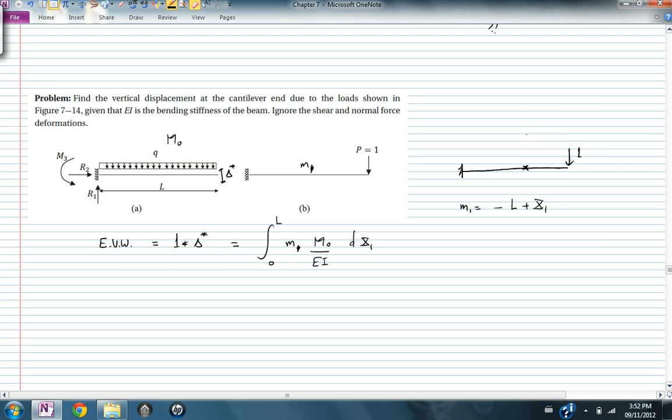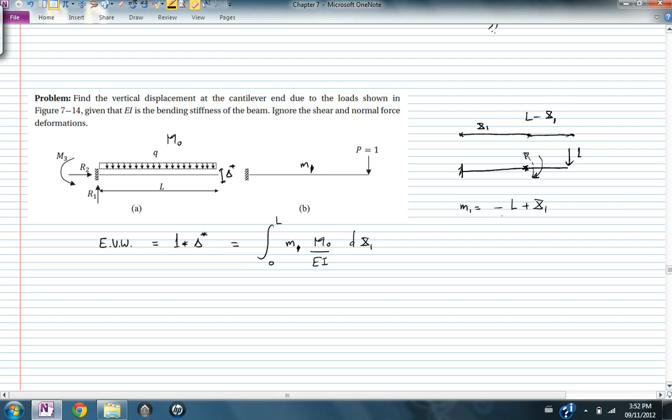The moment here, this distance is x1, L minus x1, and so the bending moment is equal to negative L plus x1, because we assume that this is the positive moment, but it's actually acting downwards, so negative L plus x1.